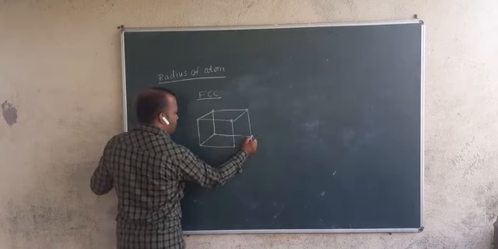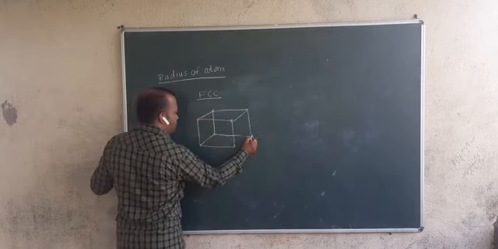But reaching from this point till this point, we'll go through first this distance A, then this distance A, and then this distance A. In the previous example we applied the Pythagoras theorem, and the same logic we can apply here.